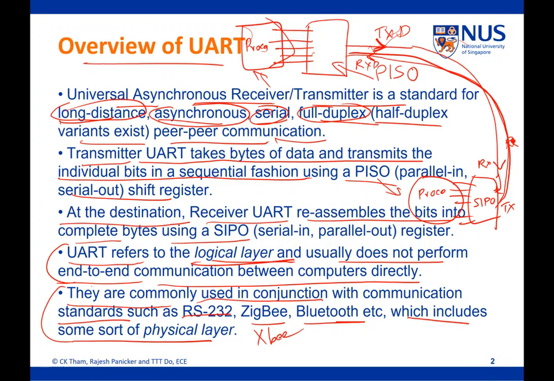You have your XB modules, right? Which is nothing but a wireless UART. So there is a separate physical interface for UART transactions. When you convert your cable-based UART communication into XB communication, you need not change your program at all. The program still sees it as UART, but the exact physical mechanism for communication changes.